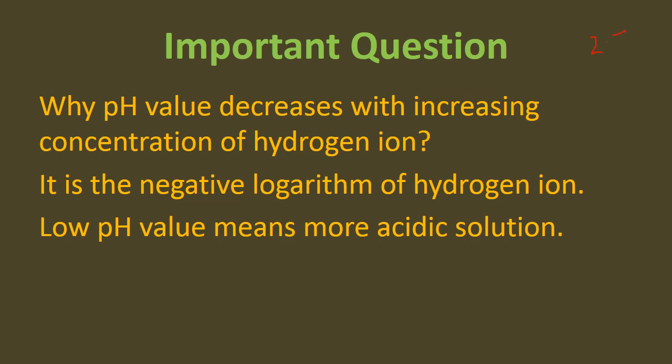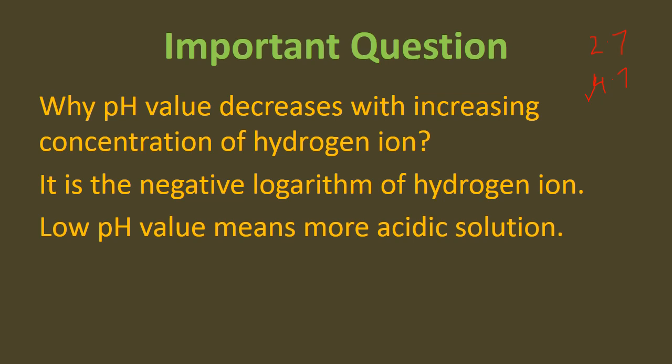And if I talk about acetic acid, which is a weak acid, it has pH value 4.7. So now here acetic acid has a bigger value of pH as compared to sulfuric acid, although sulfuric acid is the stronger acid as compared to acetic acid.